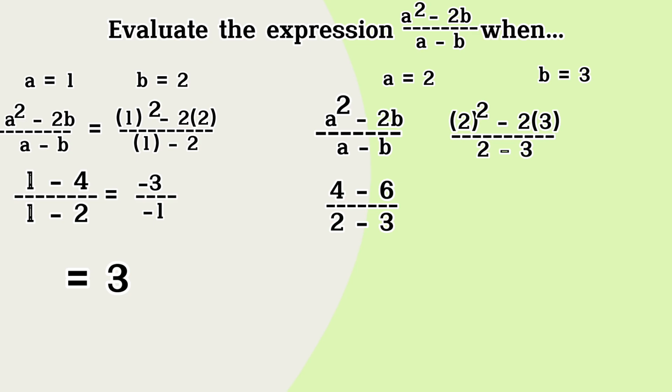So, since negative siya, lagay natin dito na minus. So, 4 minus 6 is equal to negative 2. Then, 2 minus 3 is equal to negative 1. So, i-simplify natin ito. Negative 2 divided by negative 1 is equal to positive 2. So, ito yung case na kapag dalawa yung variables, we must have two assigned values for the variables also.